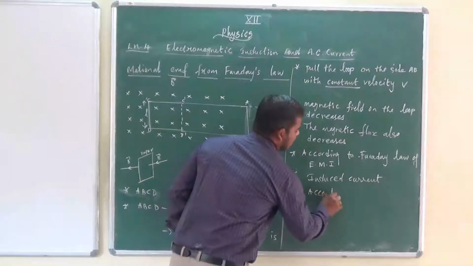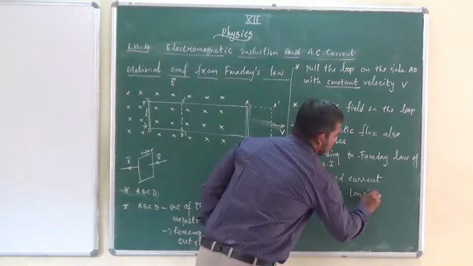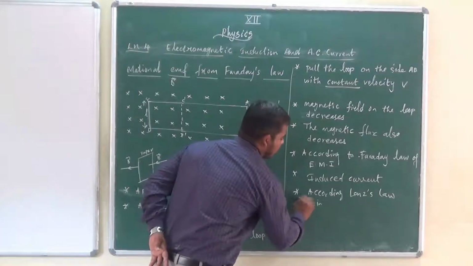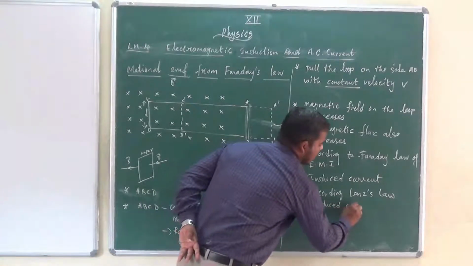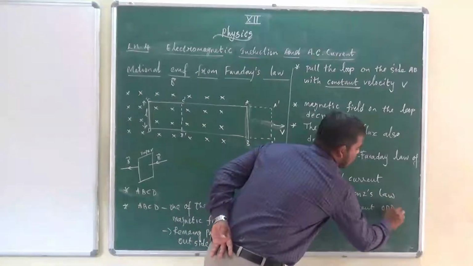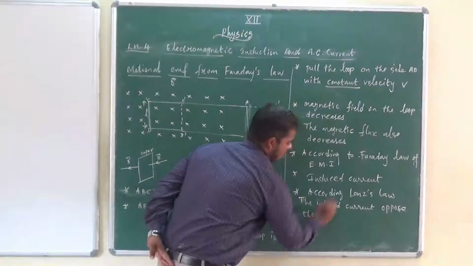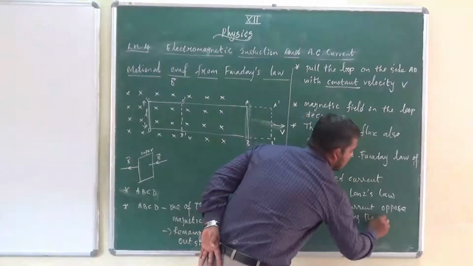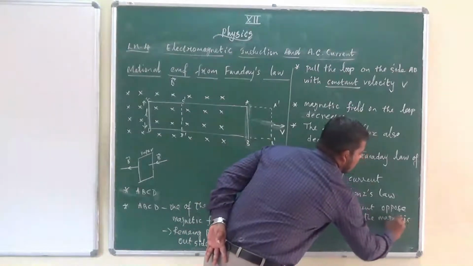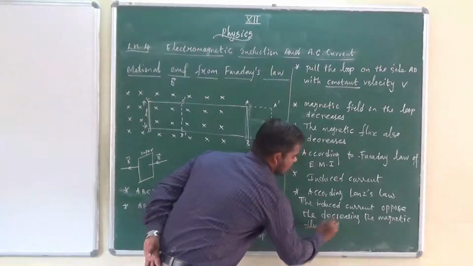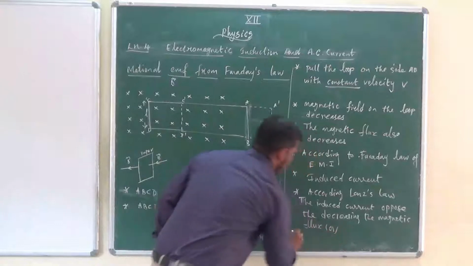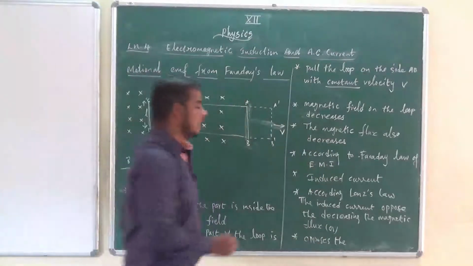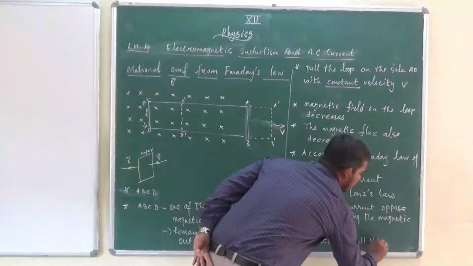According to Lenz's law, the induced current opposes the decreasing magnetic flux, or opposes the pull of the loop.